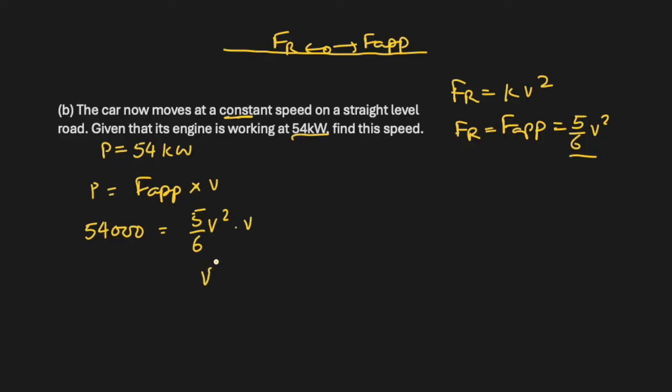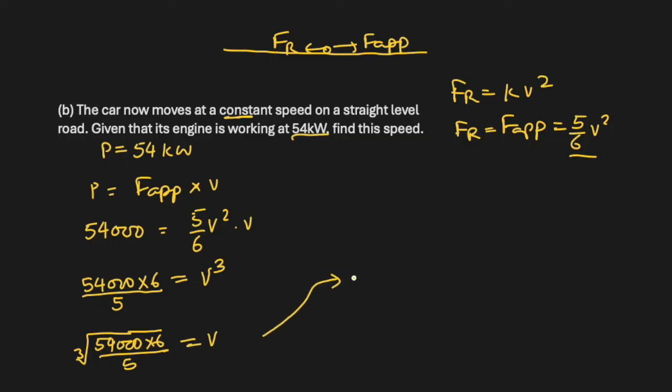That becomes v cubed, and we can cross multiply this. 54,000 times 6/5. So just take the cube root of the same number, 54,000 times 6/5, and we'll get the velocity. Let me use my calculator.